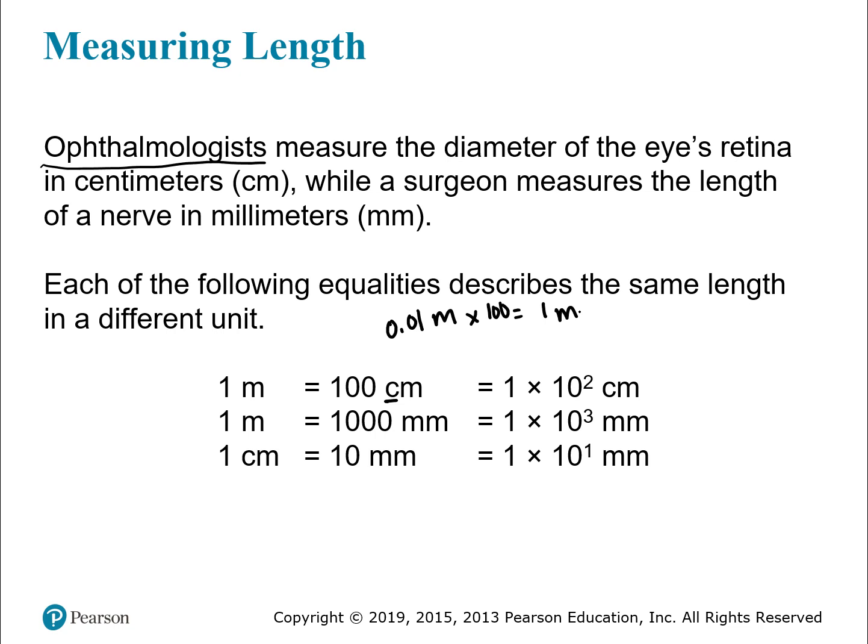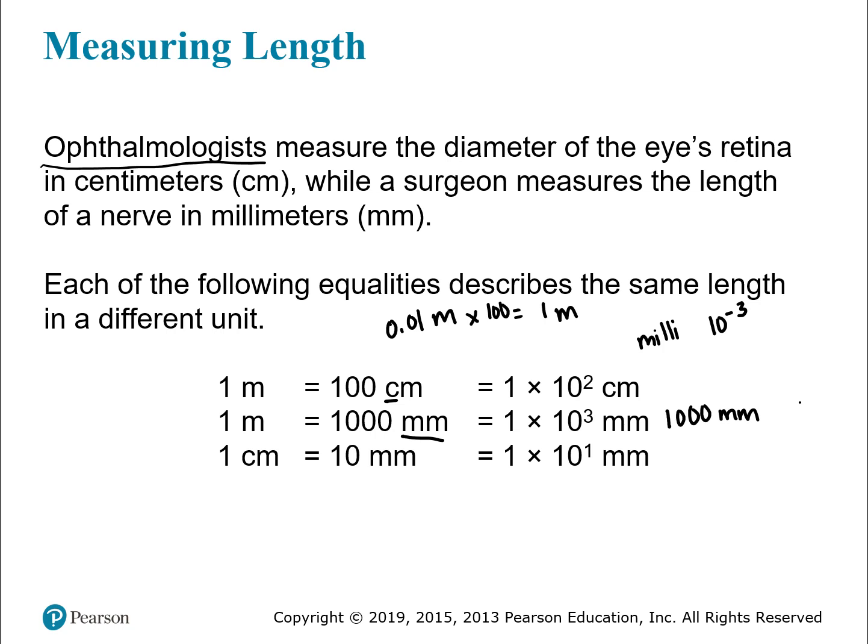1 meter is equal to 1,000 millimeters. Remember that milli is 10 to the minus 3. So to have 1 whole meter, you need to have 1,000 millimeters.